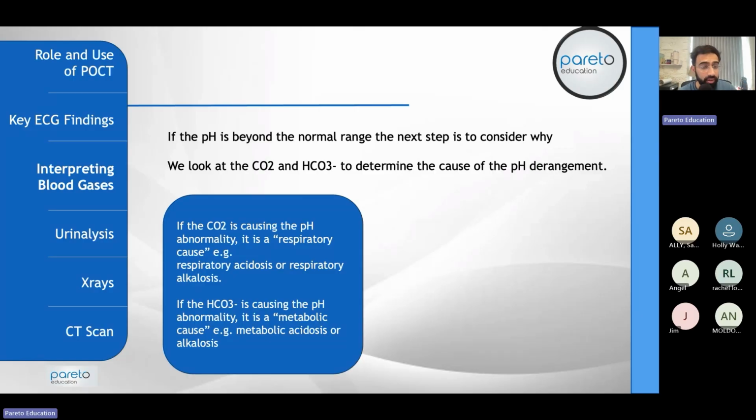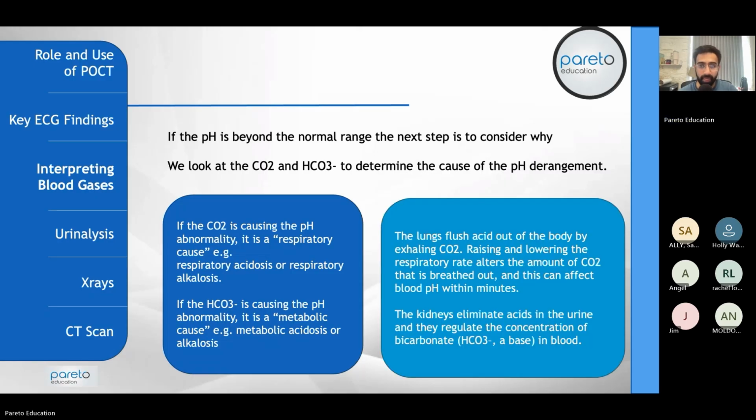You would find the patient breathing a little bit faster to try and offload some of that CO2 in order to stabilize the pH. So wherever the abnormality is, if it's metabolic, then the lungs try to compensate, and if it's respiratory, then the metabolic system, the kidneys, try to compensate.